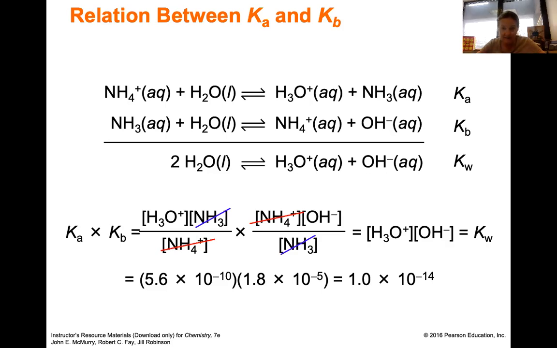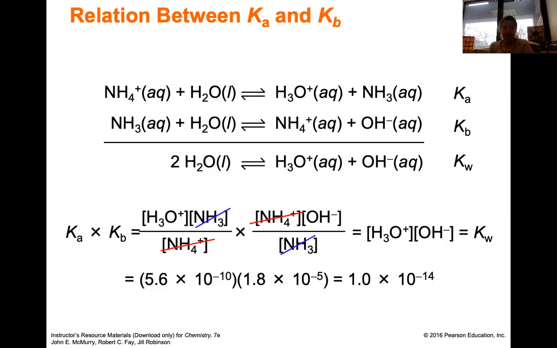So that means that Ka times Kb equals Kw. You could also write it out this way, but you know from the relationship between Ks from chapter 13 that this will be true. It's just showing you here in the second to last line that the Ka would be H3O+ times NH3 over NH4+.